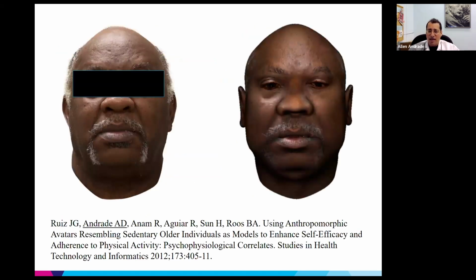This is an example. This is a patient who we took a picture of and modeled an avatar. And we had these three arms with patients seeing themselves exercise in an exercise routine. And they were taught using these different animated avatars to view them, and were given instructions on how much exercise to do, what they need to do.